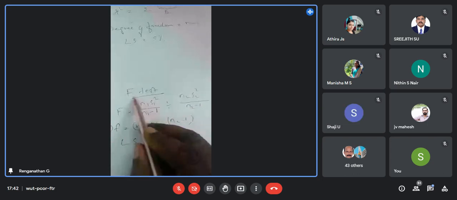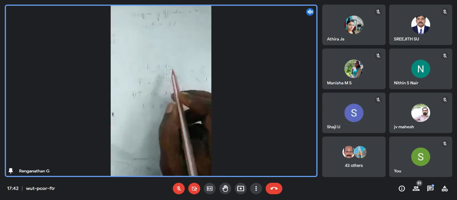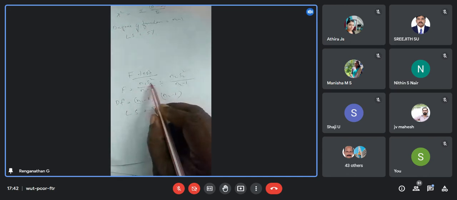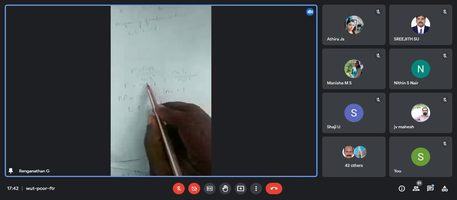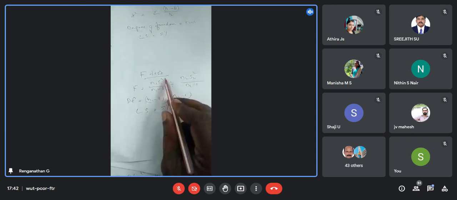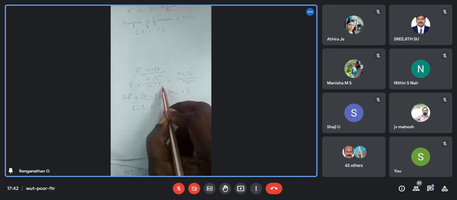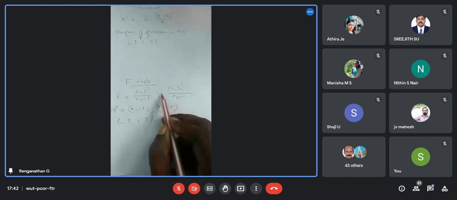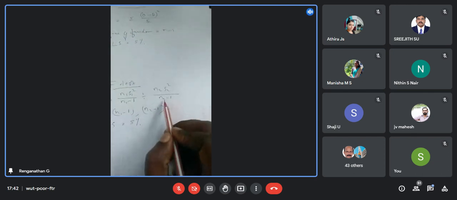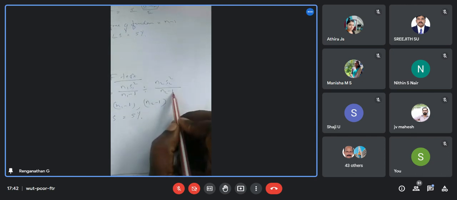Look here, F test. That's the heading, and the formula: F value is equal to n1 s1 square divided by n1 minus 1, divided by n2 s2 square divided by n2 minus 1.